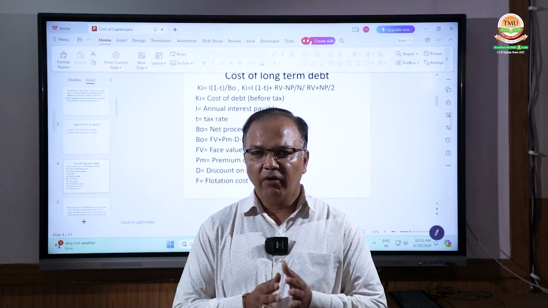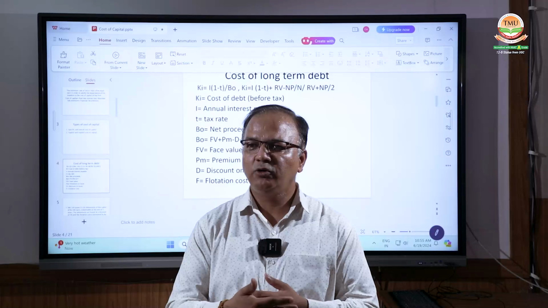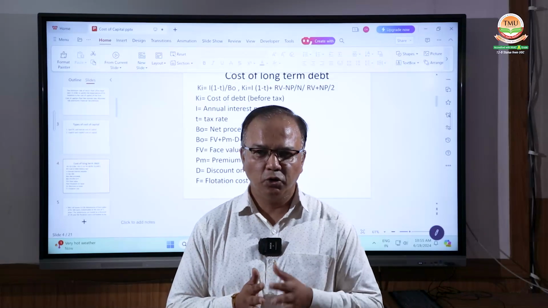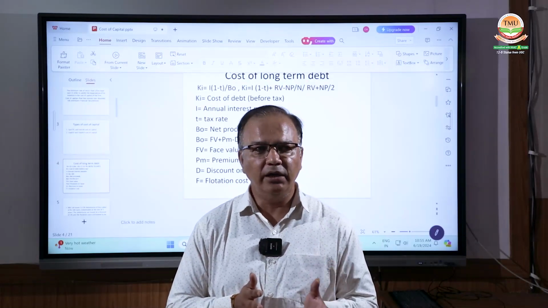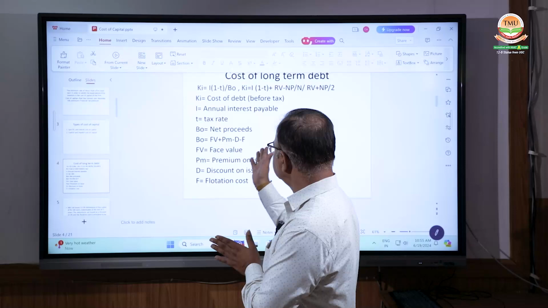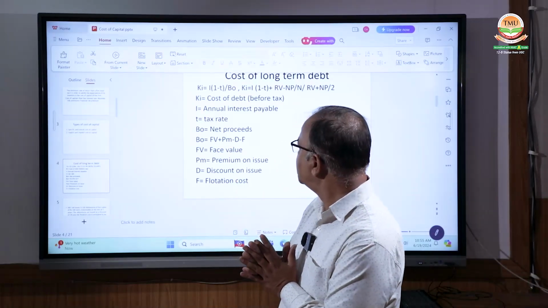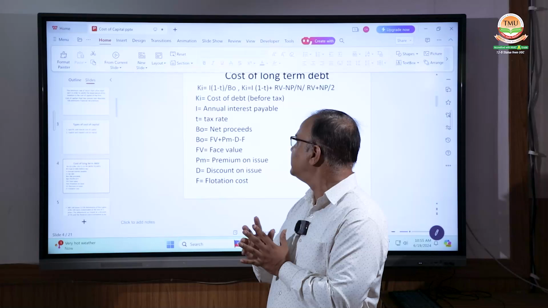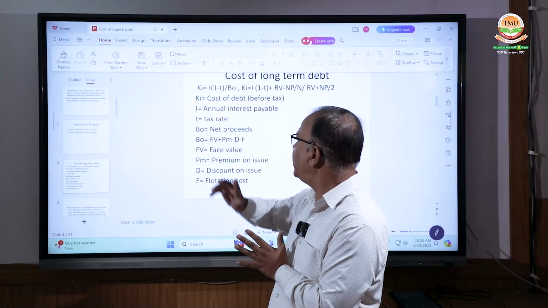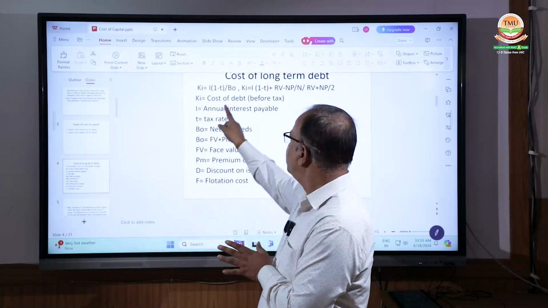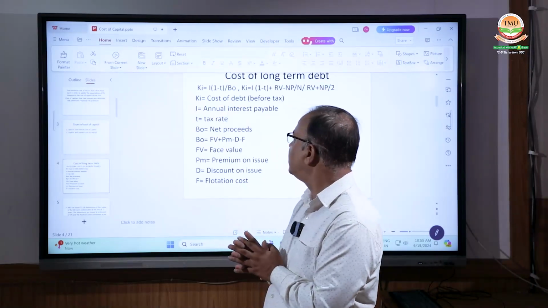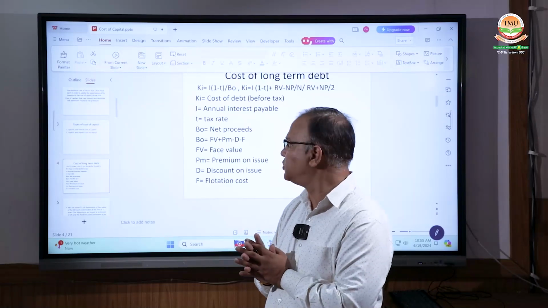You can say if you are paying equal monthly installments, you are a household, so normally you are using the irredeemable debt. Now this is the formula. Ki is equal to I into (1 minus T) divided by B0.